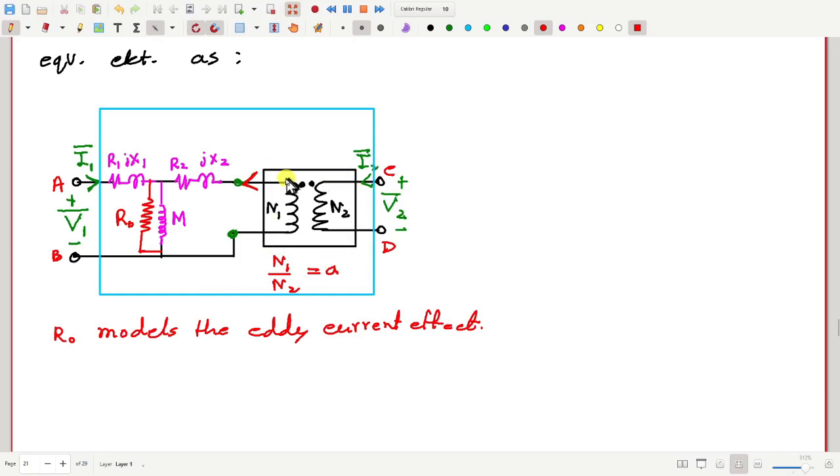An ideal transformer, for which V1 by V2 equals N1 by N2 equals I2 by I1, does not represent an actual transformer very well. But this circuit, with proper values of R1, R2, X1, X2, R0, M, will better represent the behavior of practical or actual transformers.